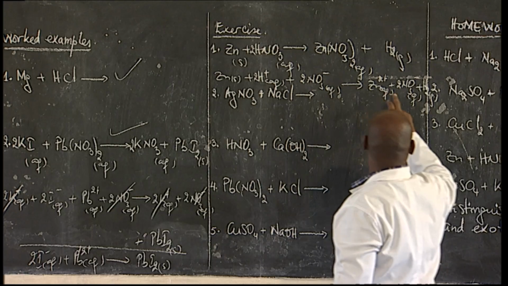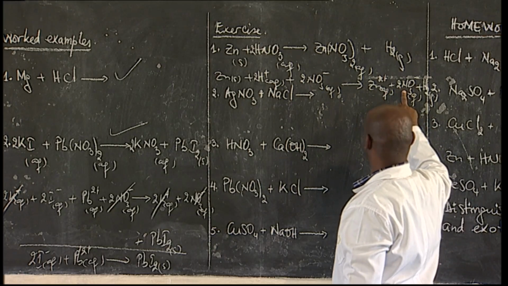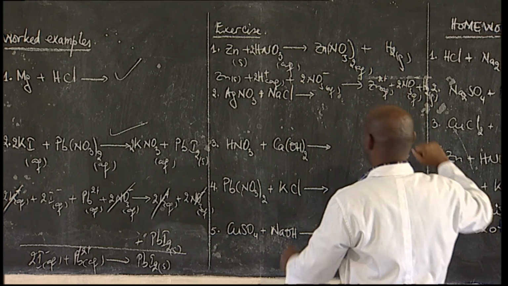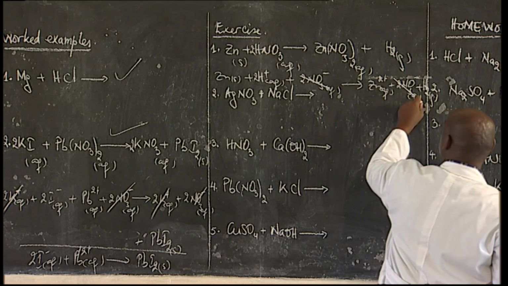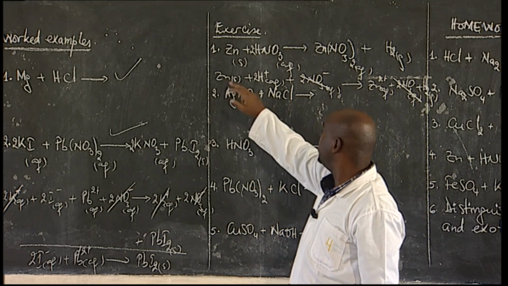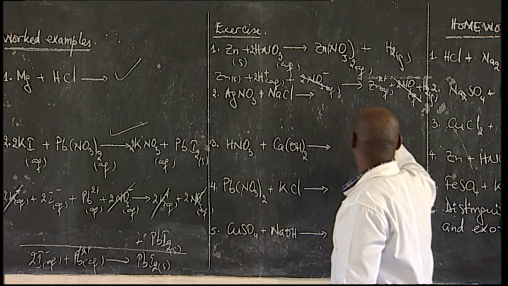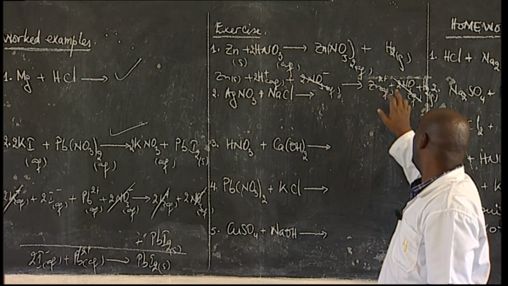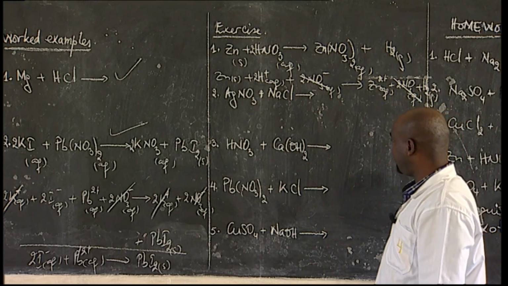H plus is not present on this side. So what we have that is present on both sides is the nitrate ion, and our ionic equation becomes zinc plus 2H positive to produce zinc 2 plus and hydrogen gas.